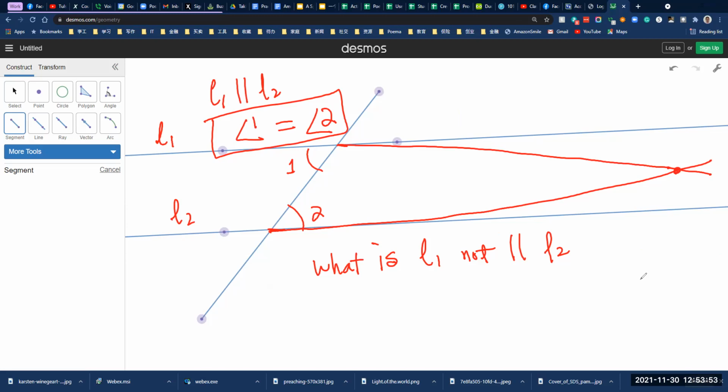So basically we're going to say, okay, what happens if it's not parallel? Because we're saying that if the lines are parallel, the two angles have to be the same. So we say, okay, we have two angles the same, but not parallel. What happens then? Then we know that L1 and L2 will meet, right? It may be very long.